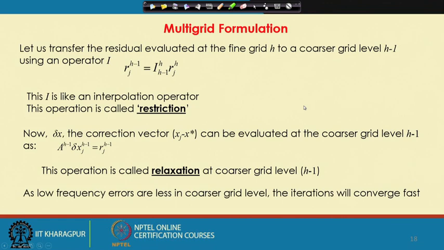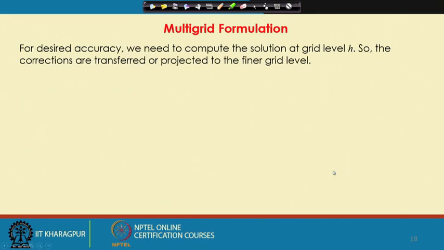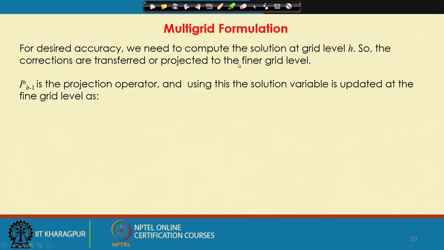Low frequency errors are less in coarser grid levels. These iterations will converge faster, because the low frequency error has been converted into high frequency error by increasing the grid size. For desired accuracy, this will converge, but it will converge to a different solution, and we also need to compute the solution at the finest grid level H. So, the corrections that we have computed at the coarser grid level are to be transferred to the finer grid level.